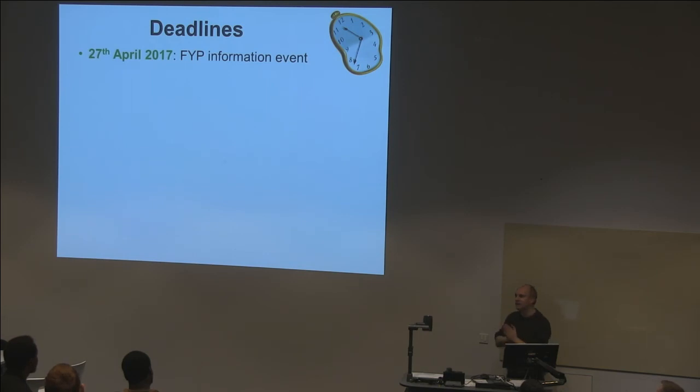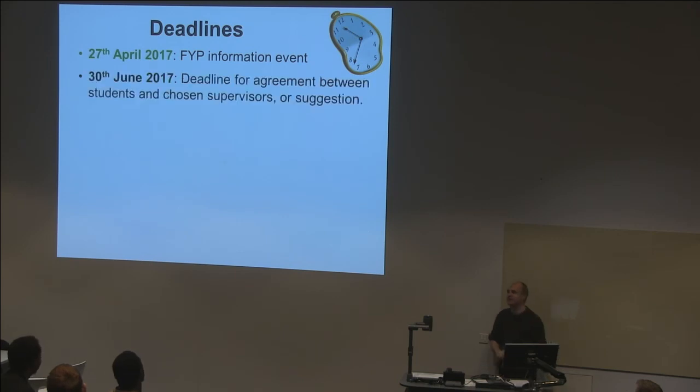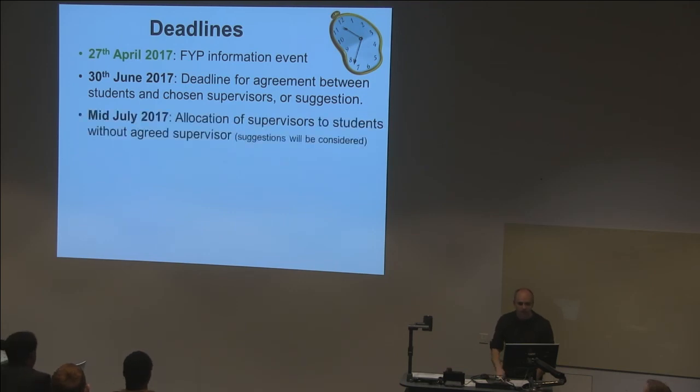So the deadline, the first deadline was today, so you have met that deadline. Well done. The next deadline, as I said, is the 30th of June, in order to tell me who should be your supervisor, with agreement or just a suggestion. Mid-July, you will know who your supervisor is.